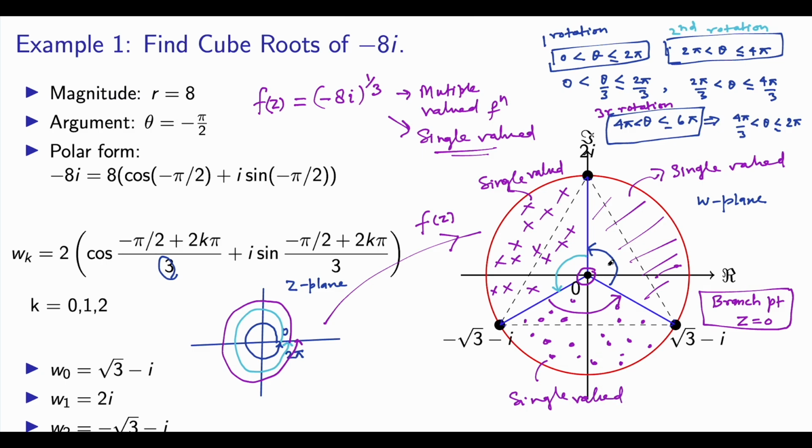So in each sheet, the function is now single valued. While solving complex analysis, we always break down the multiple valued function into single valued functions. This is the whole idea, right?